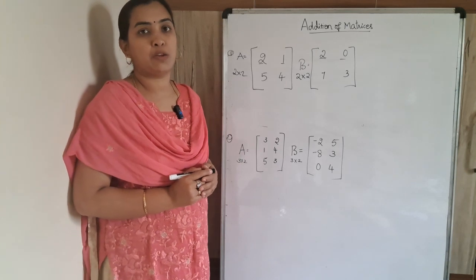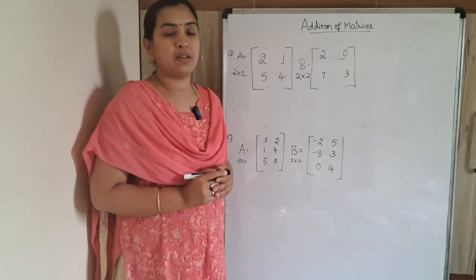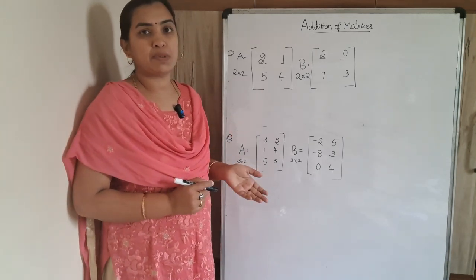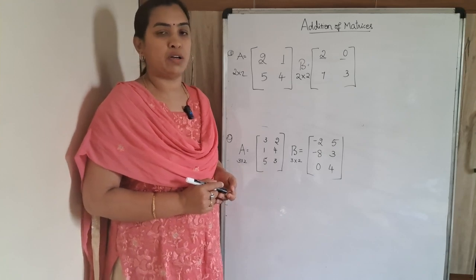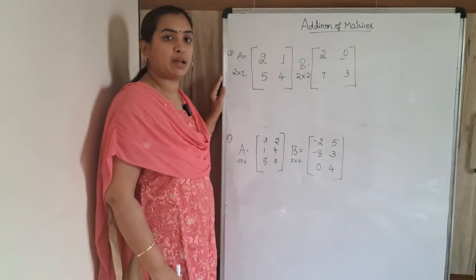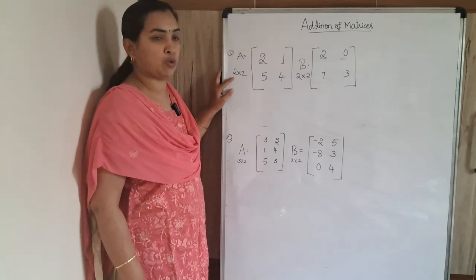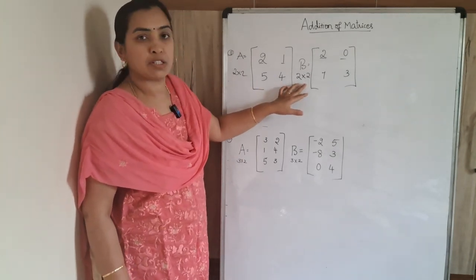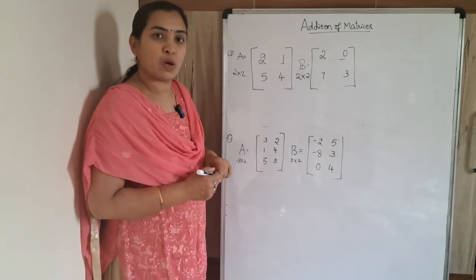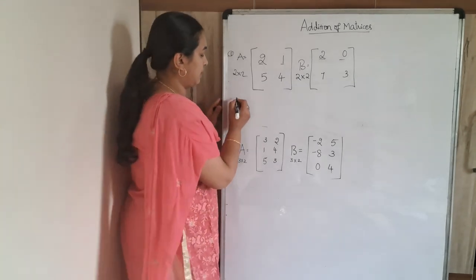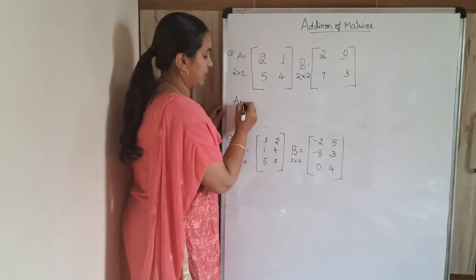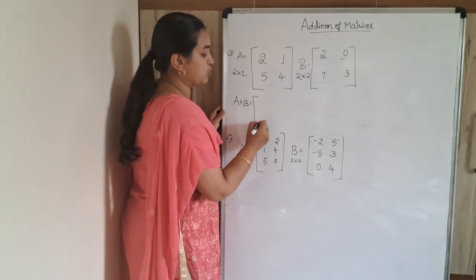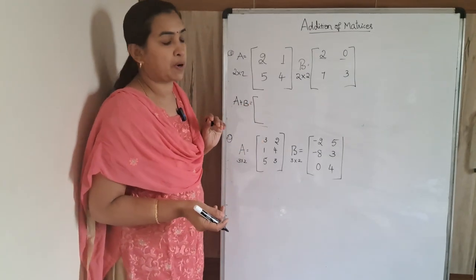Now let me explain how to add two matrices with a few examples. See here, I have taken a matrix A which is of the order 2 cross 2 and B which is of the order 2 cross 2 as well. So I can add these two matrices, that is A plus B. In order to add them, just add the corresponding terms.